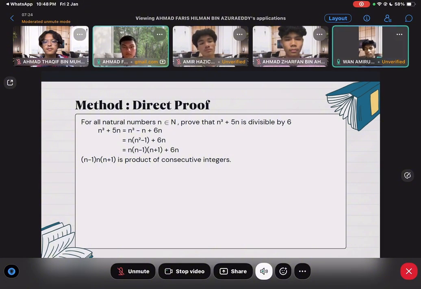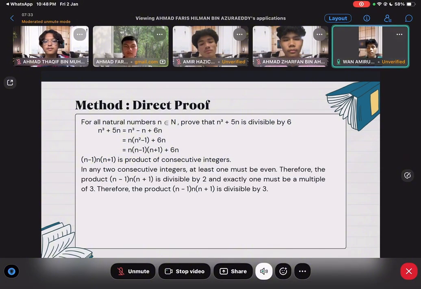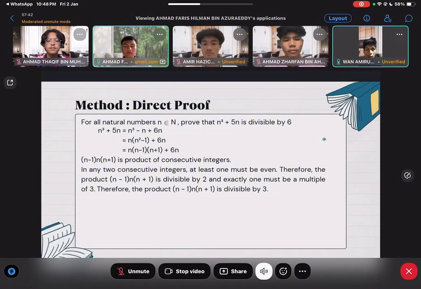Exactly one must be a multiple of 3. Therefore, the product (n minus 1) times n times (n plus 1) is divisible by 3. Since the term is divisible by both 2 and 3, the product must be divisible by 2 times 3, which equals 6.